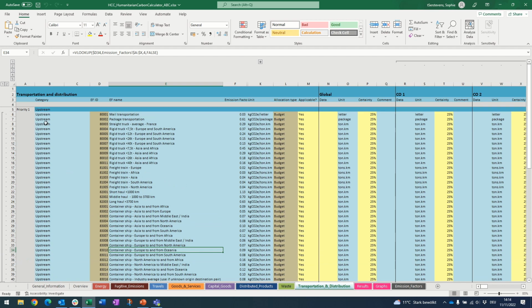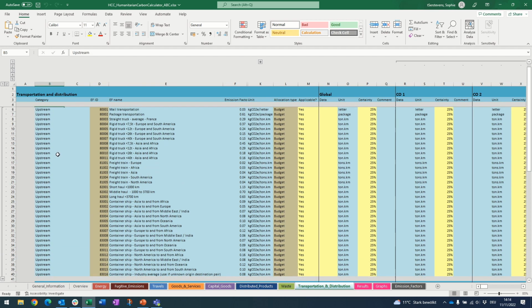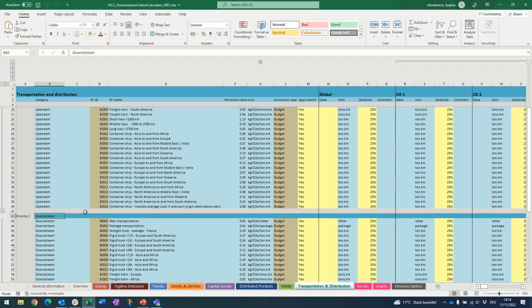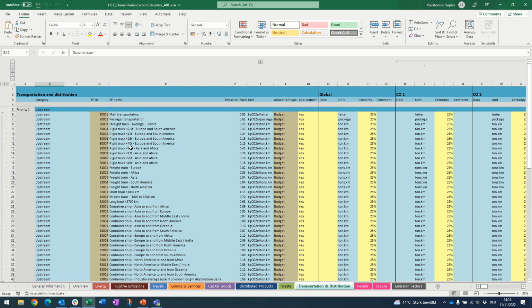So in there you have one emissions category for upstream transportation and distribution, and one category for downstream transportation and distribution. So these both contain the same emissions factors, and there's quite many. So we have emissions factors for roads transport, and so here we have different emissions factors for different truck sizes and different regions.